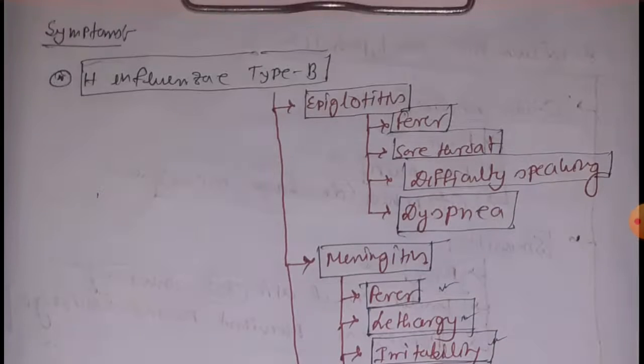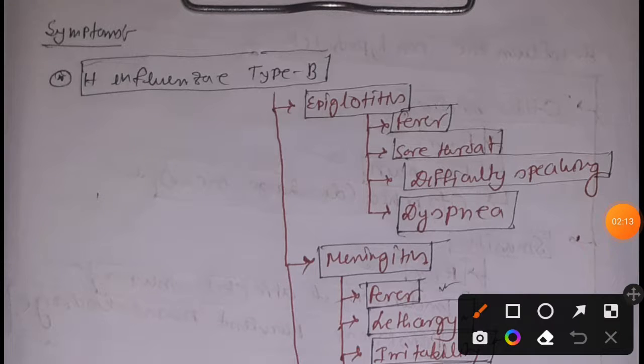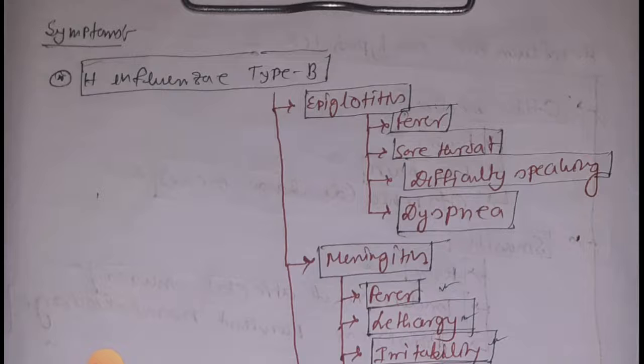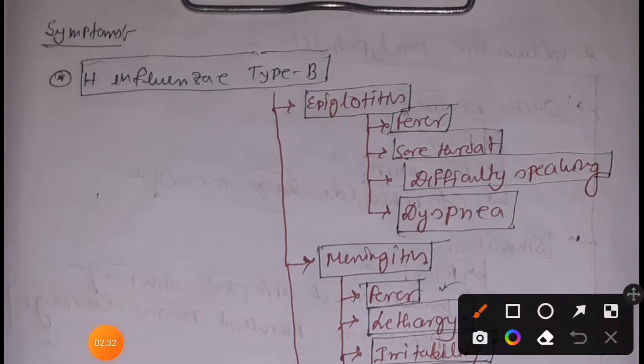Okay, so first thing, epiglottitis. Try to remember what I told you, that from the nasopharyngeal area the Haemophilus influenzae travels to the epiglottis and causes this infection, right? That is epiglottitis. So remember that epiglottitis is a complication of the throat. That means you can observe fever.